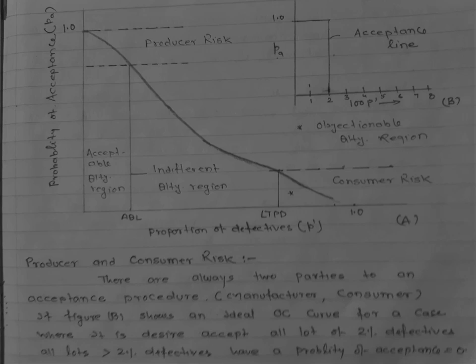In acceptance sampling, sometimes we take a sample and the sample comes in the acceptable zone, but actually the product produced in a particular lot is deviated from its design specifications. So it is called a consumer risk.